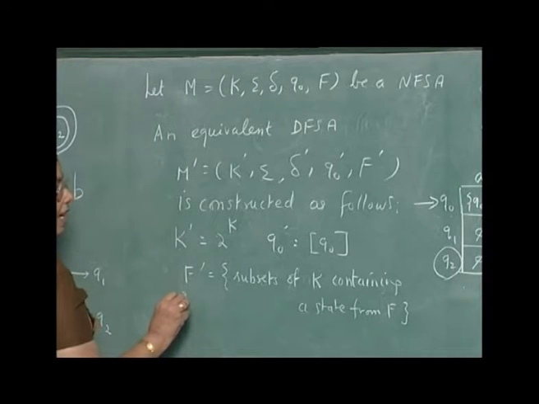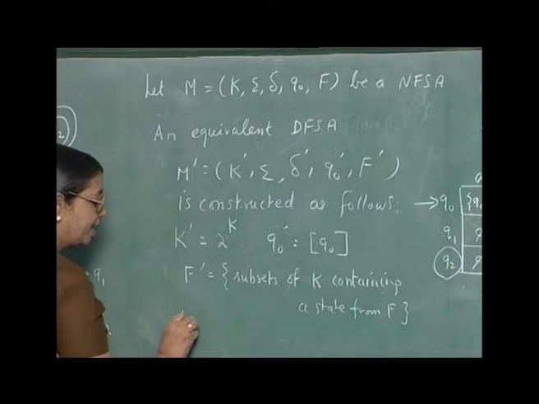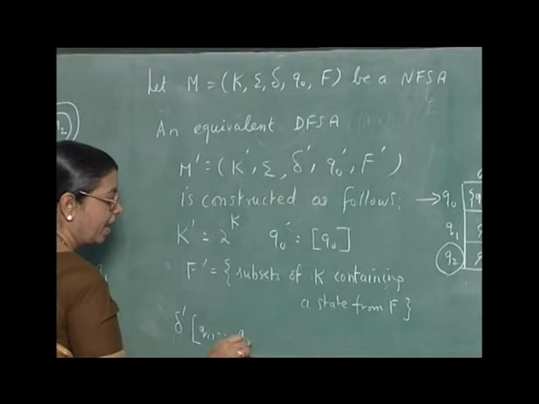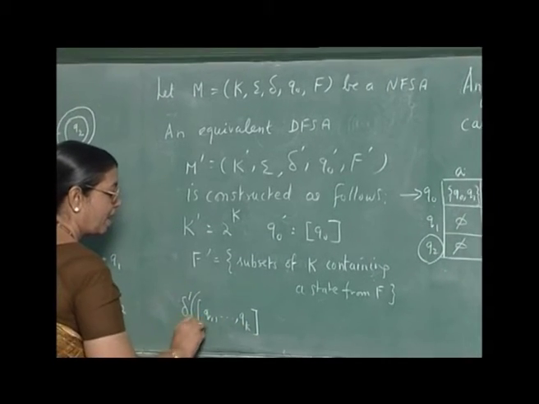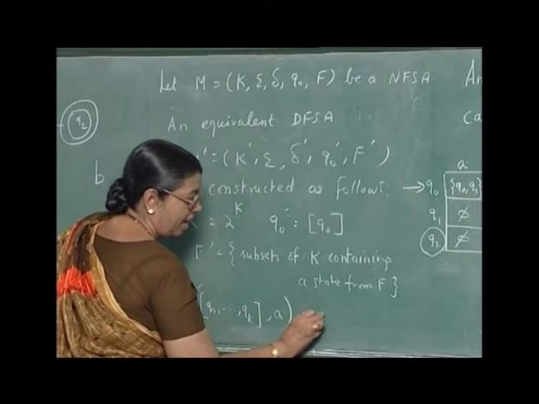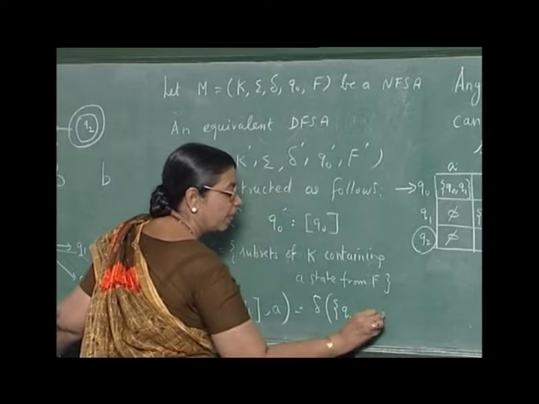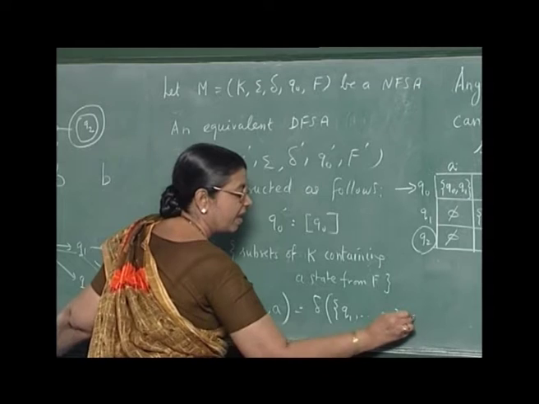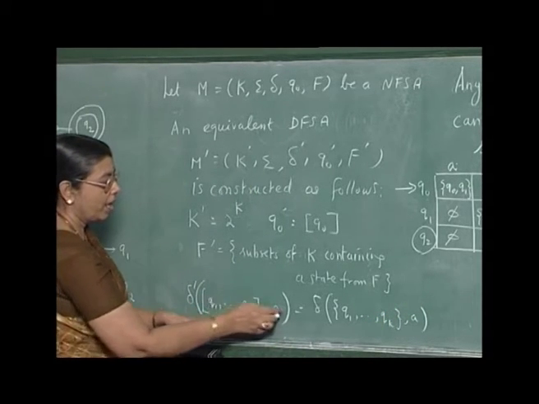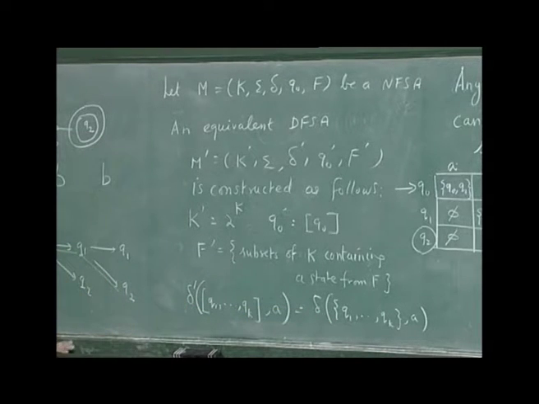Now, you have to define delta dash. Delta dash is defined like this: delta dash of the subset q1 to qk on a will be delta of q1 to qk on a. That is, you take delta of q1 a, q2 a, q3 a, etc., and find the union, that is given like this.